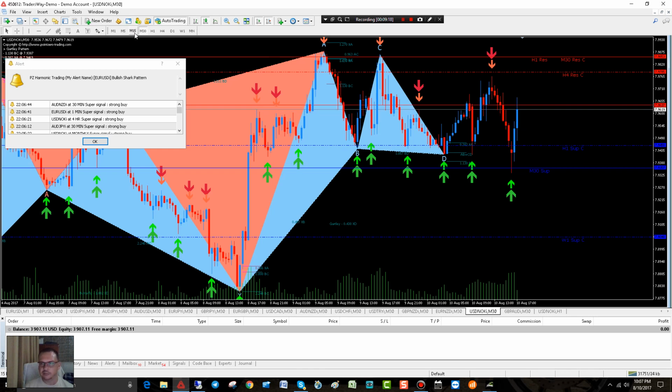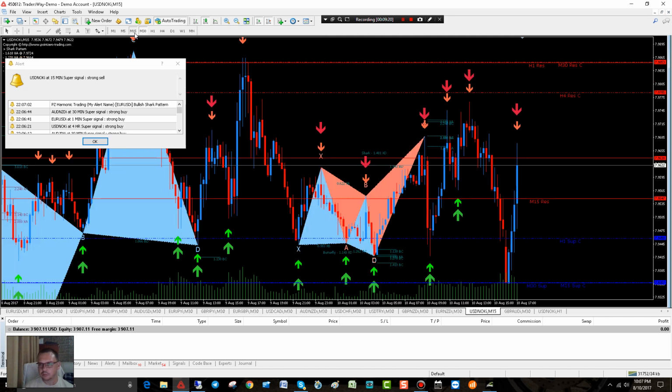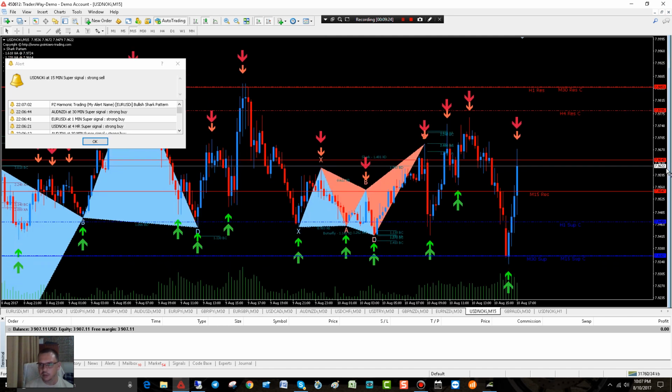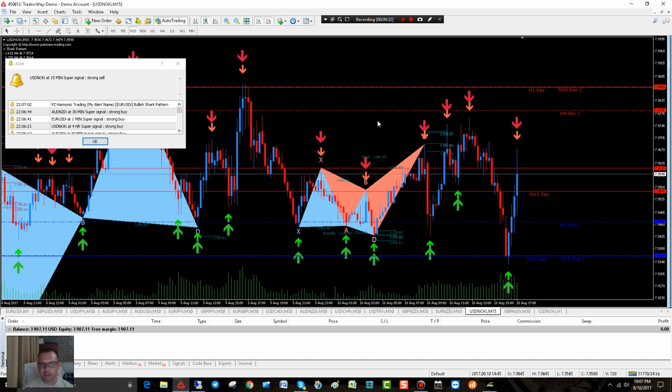And let's go down to the 15 minute. Now this has a super signal pointing down. It broke this 15-minute level of resistance, so I can't quite tell where it's going to go. But keep in mind, with these smaller time frames, 30 minutes and below, you see a lot of repainting on these indicators, and this super signal here will most likely repaint.